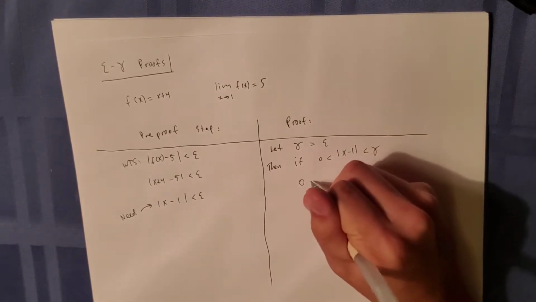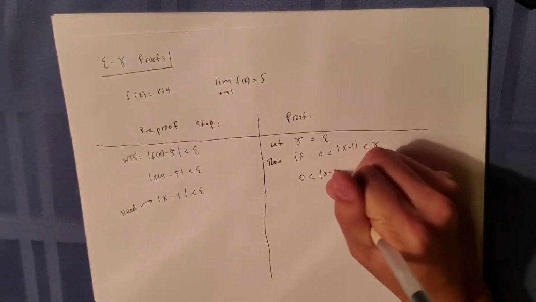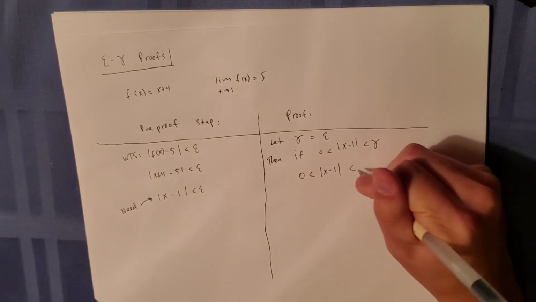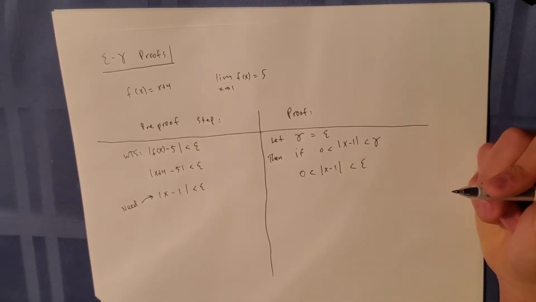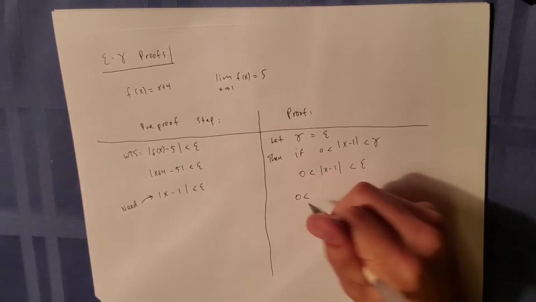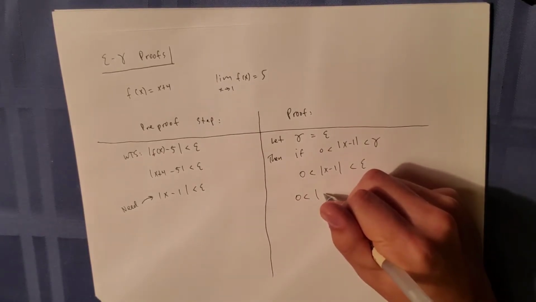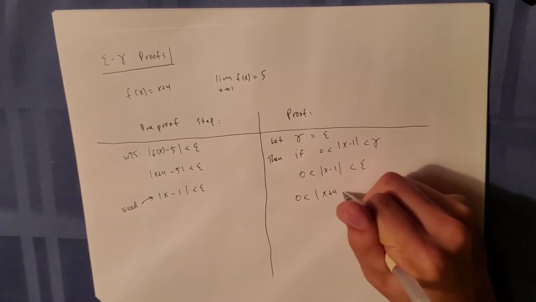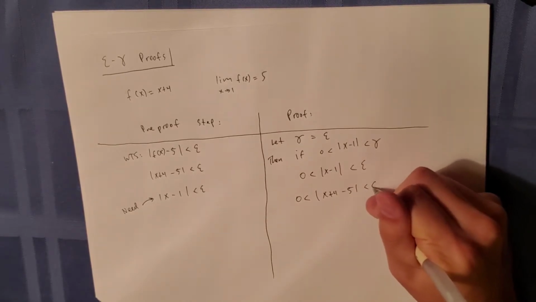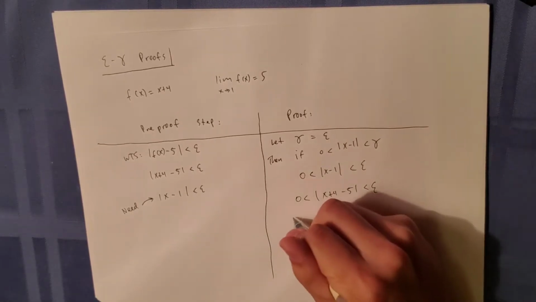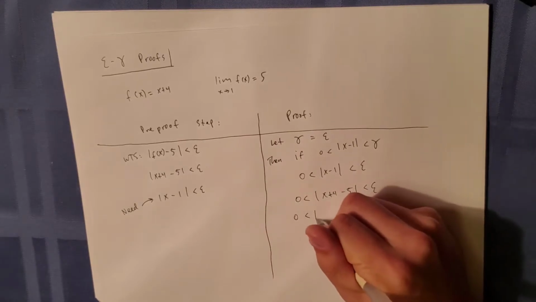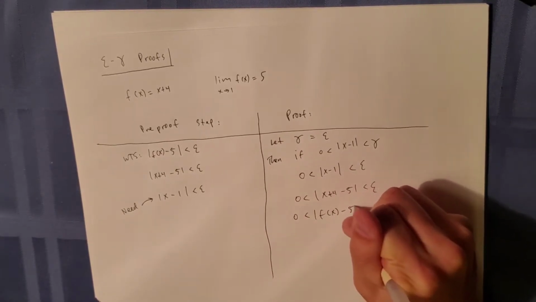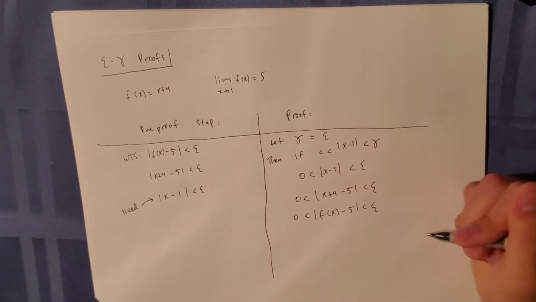Then we'll have 0 is less than the absolute value of x minus 1 is less than epsilon. And we can go backwards to the absolute value of x plus 4 minus 5 is less than epsilon. And 0 is less than the absolute value of f of x minus 5 is less than epsilon.